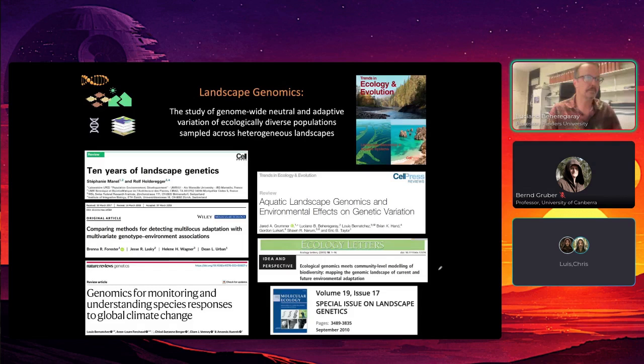There are lots of great reviews, including entire special issues on landscape genetics and landscape genomics. In our review published a few years ago, we defined landscape genomics as the study of genome-wide neutral and adaptive variation of ecologically diverse populations sampled across heterogeneous landscapes.